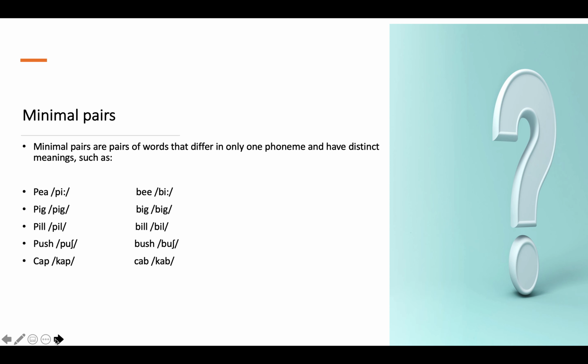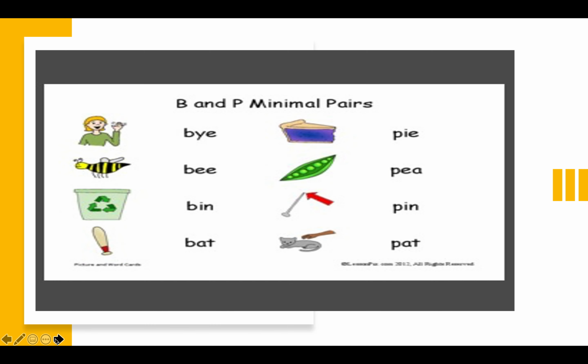So the difference here is only in one phoneme, and of course the meaning is also different. Here we have more examples of b and p as minimal pairs: buy and pie, bin, pin, bat and pat.